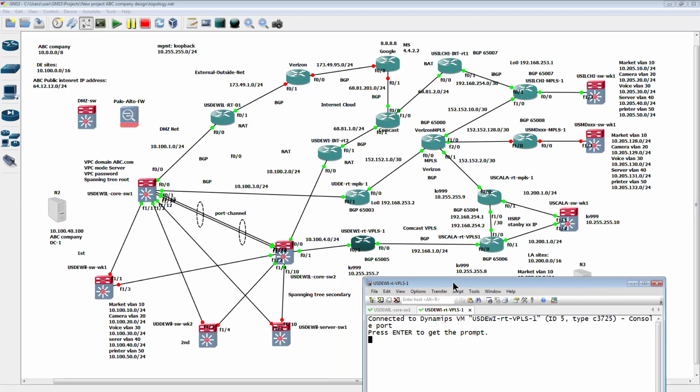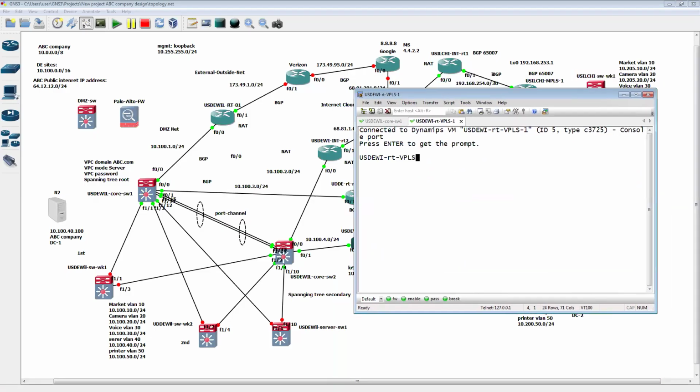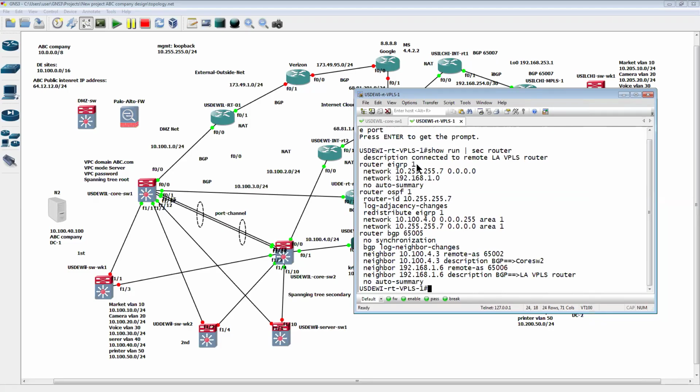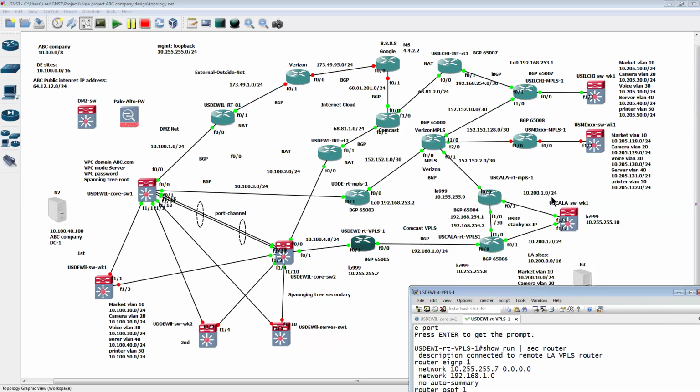When we do show run section router, it should bring up BGP, EIGRP, and OSPF. Our requirement is that we do not allow the loopbacks, everything the loopback in here is not allowed.